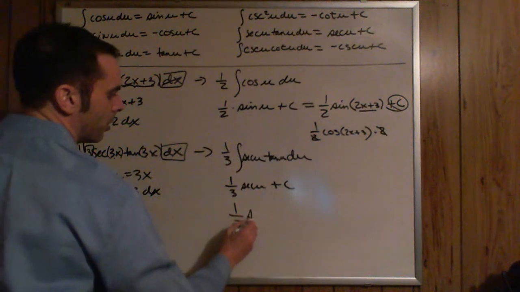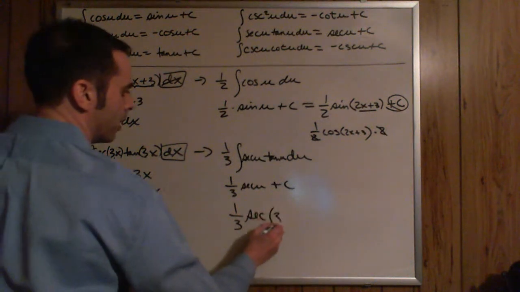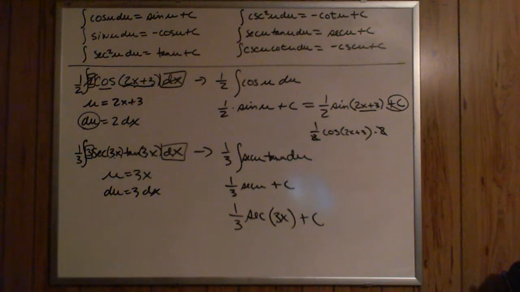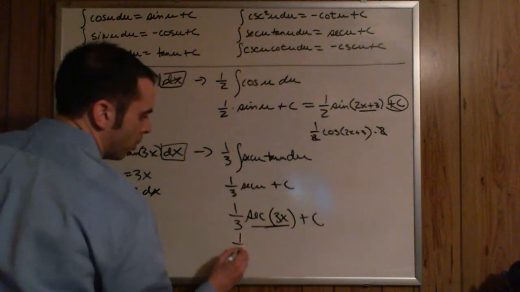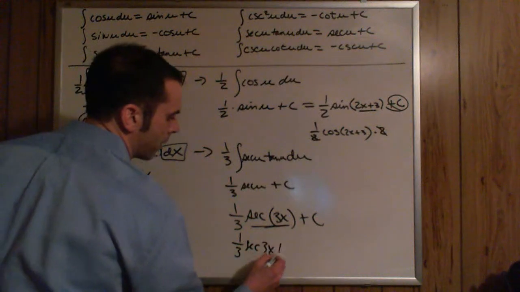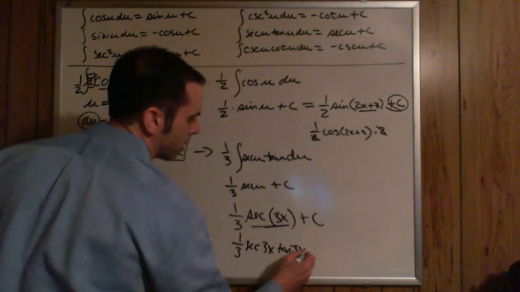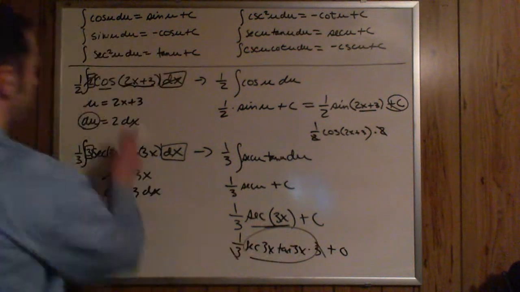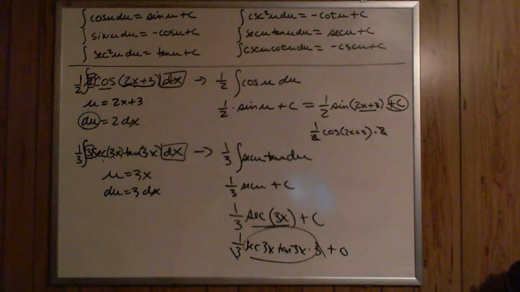And this would become 1/3 secant of 3x plus c. And again, the derivative of this function would be 1/3 secant 3x tangent 3x times 3 plus 0. These drop out. I end up with the function in the integrand, which is right here.